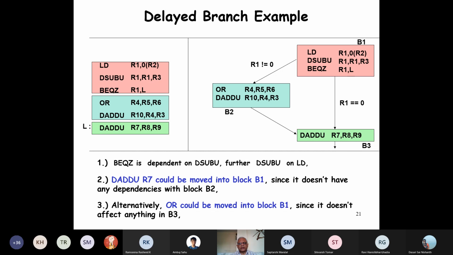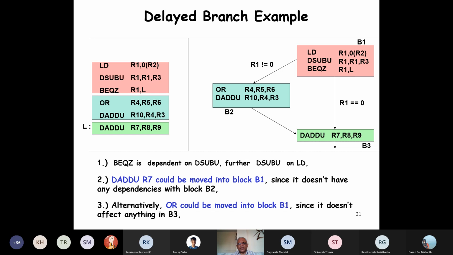So here in this example, just look at the BEQZ. Before that there are two instructions, but both of them are affecting R1. So we cannot put those instructions in the delay slot. Both load and DSUB we cannot put in the delay slot.